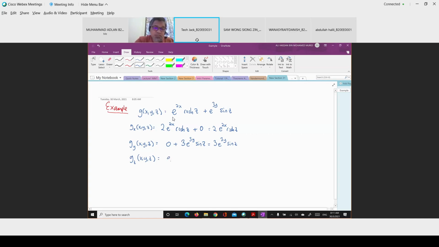Yes. So this is e to the 2x times sinh z plus e to the power of 3y cosine z. For g partial z, we treat x and y as constants. The derivative of cosh is sinh and the derivative of sine is cosine.